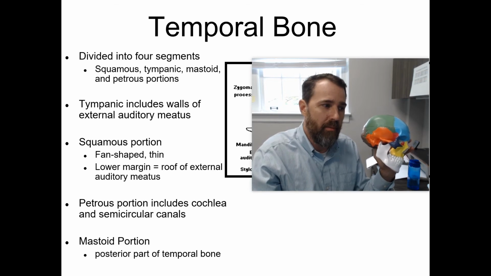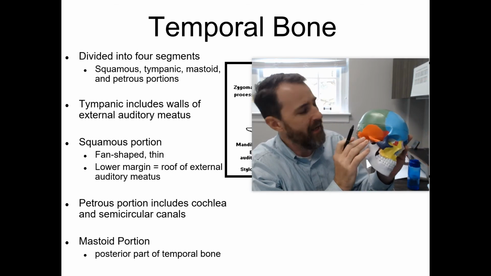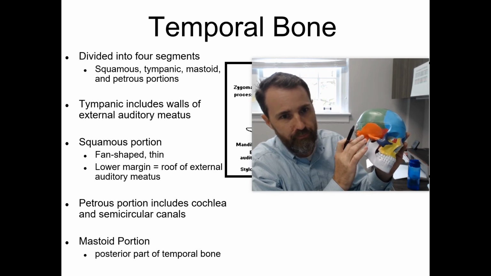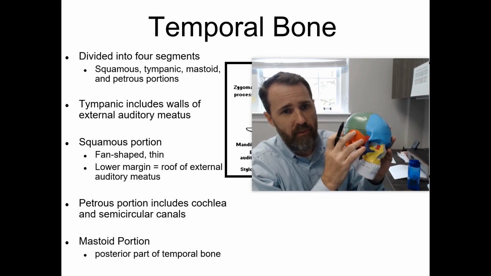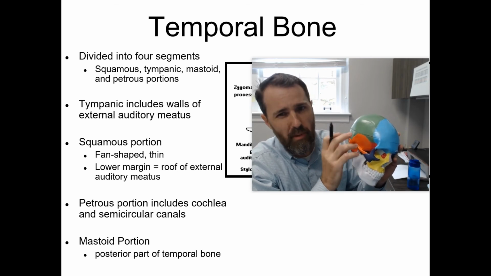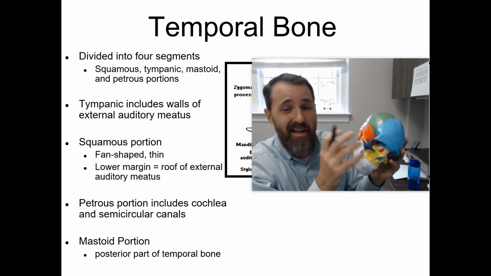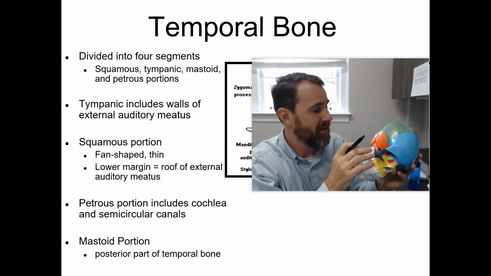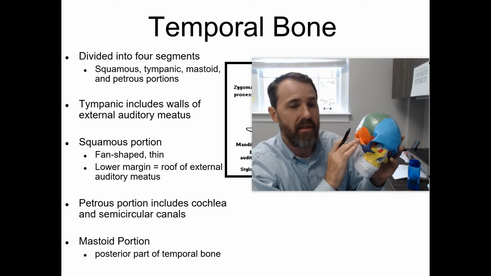That part of the temporal bone is referred to as the tympanic portion. So the tympanic portion of the temporal bone includes the bony walls of the ear canal, which is known as the external auditory meatus. And we're going to get to that also towards the end of class.